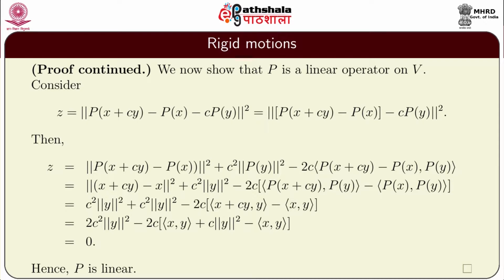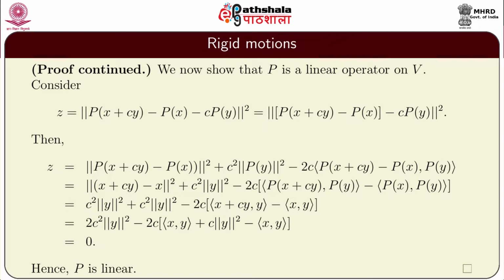After a rearrangement, it is equal to norm square of P of x plus cy minus Px, plus c square norm of Py square, minus twice c inner product of P of x plus cy minus Px comma Py.